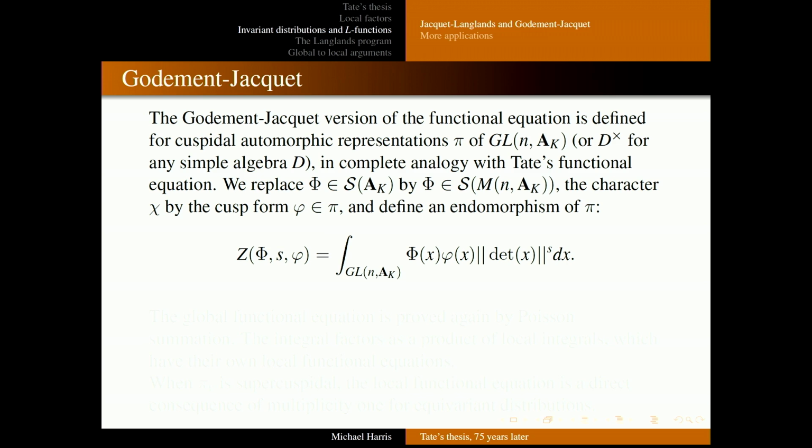The character is replaced now by a cusp form in this automorphic representation, and we define an endomorphism of pi as follows. So now it's an endomorphism valued distribution. All right. So now we have the integral. It looks exactly the same as the integral, except that for some reason I put the phi on the left instead of on the right, with the determinant rather than with just the absolute value.